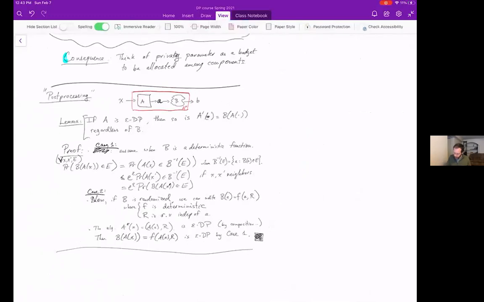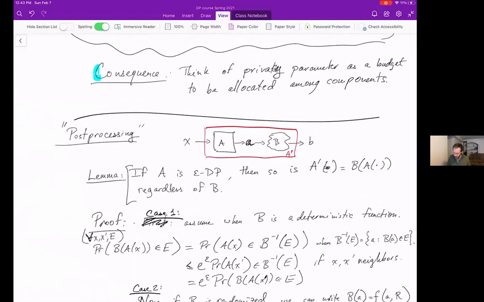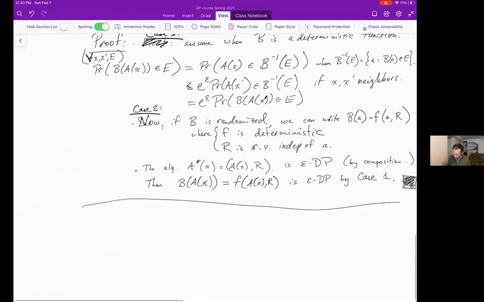All right, so those are the first two properties. We saw composition and post-processing. And the third one we'll talk about in this part of the lecture is called group privacy.